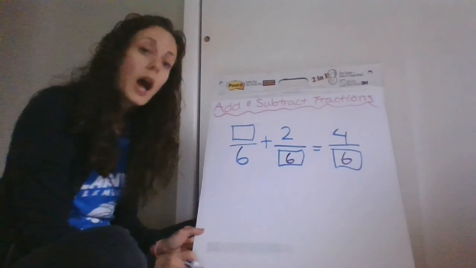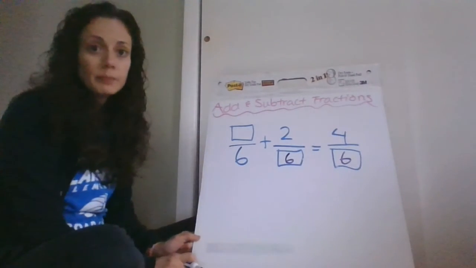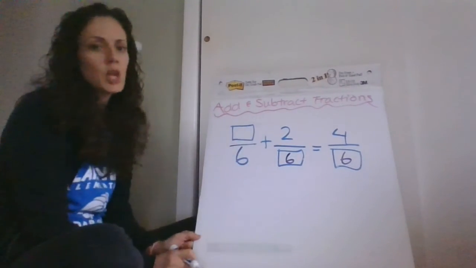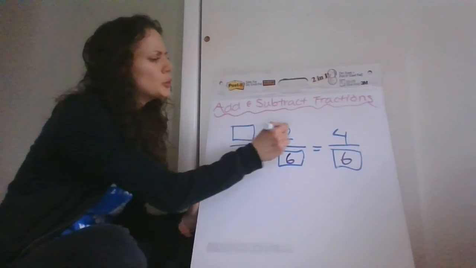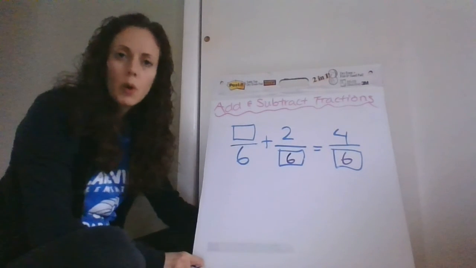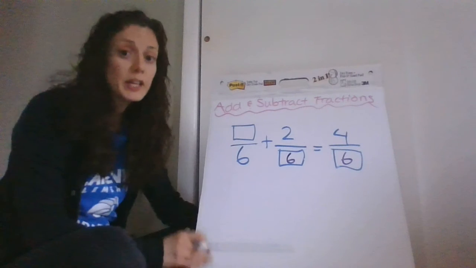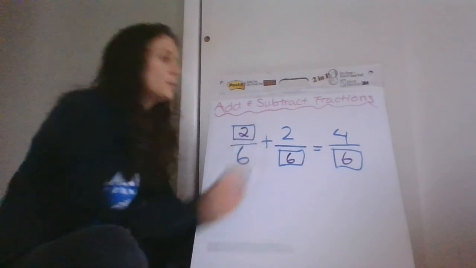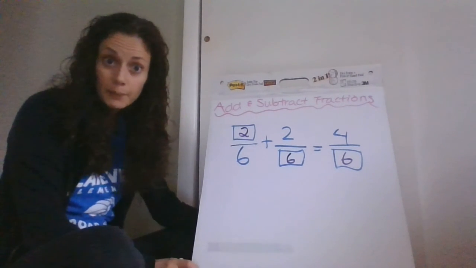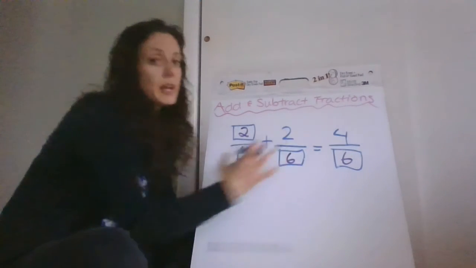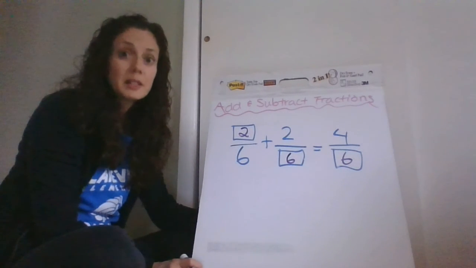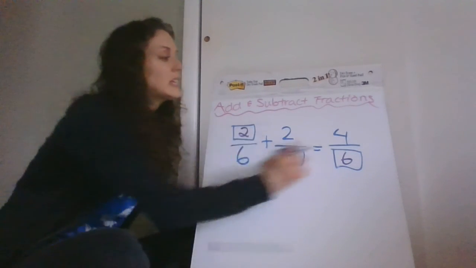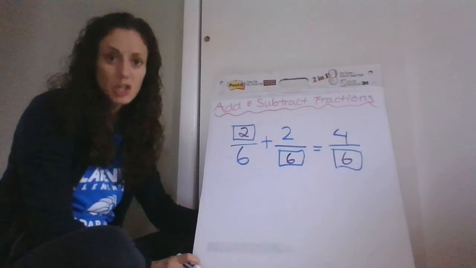Then up here, I have a 4 over here, and I have a 2 here. So something plus 2 is going to get me to 4. Well, when I think of my addition facts, I know that 2 plus 2 equals 4. So I just created a true number sentence by filling in the blanks with the correct digits.